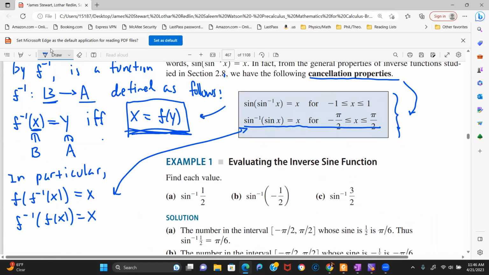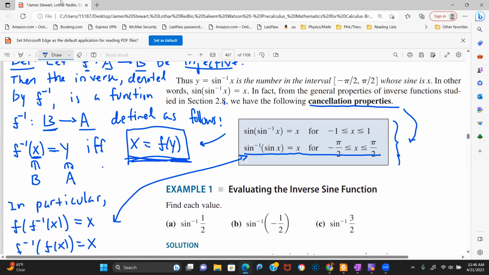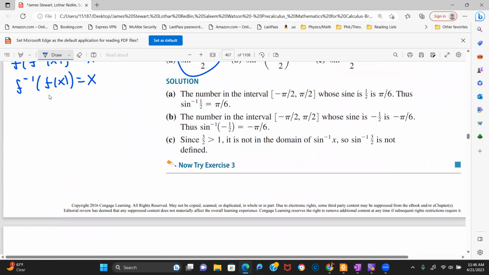All right, so let's look at evaluating. To evaluate this, we draw our unit circle as usual. The domain of sine is this right here. So we're looking at all the things that we can plug into sine.